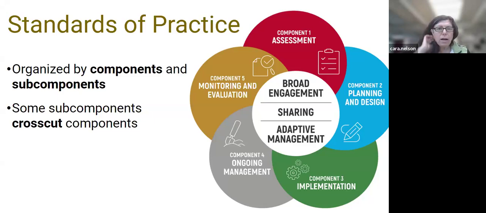We puzzled for a long time what to do about the fact that some activities within the restoration process occur throughout the process, like broad engagement by stakeholders, information sharing, adaptive management. So we've labeled those as cross-cutting subcomponents, and they come up in each of the components, but the practices associated with the cross-cutting subcomponents vary by component. Okay, next slide.